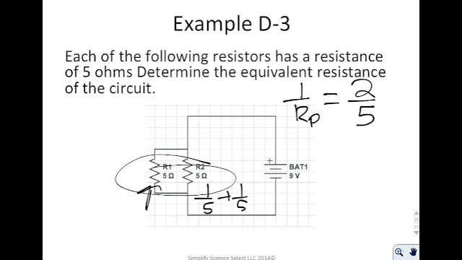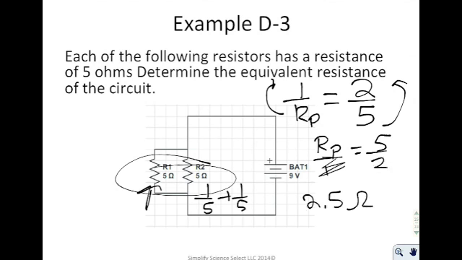At this point, I can flip them, or I can cross multiply, whatever I'm comfortable with, and you get Rp over 1, which is just Rp, is equal to 5 over 2, or 2.5 ohms. So anytime you have two resistors wired in parallel with the exact same resistance value, the resistance is going to cut in half.